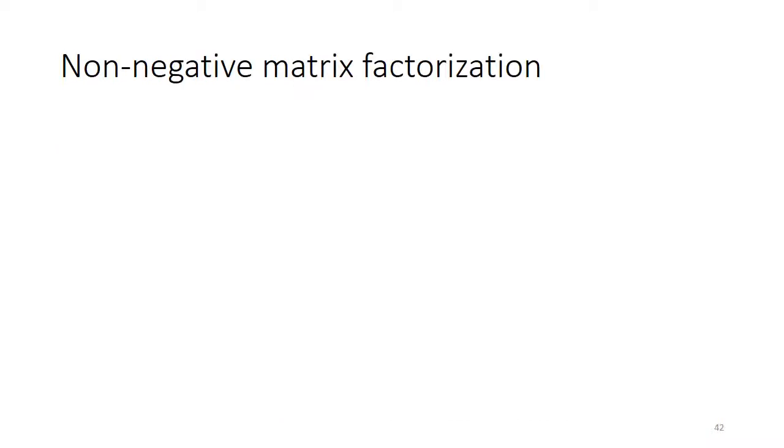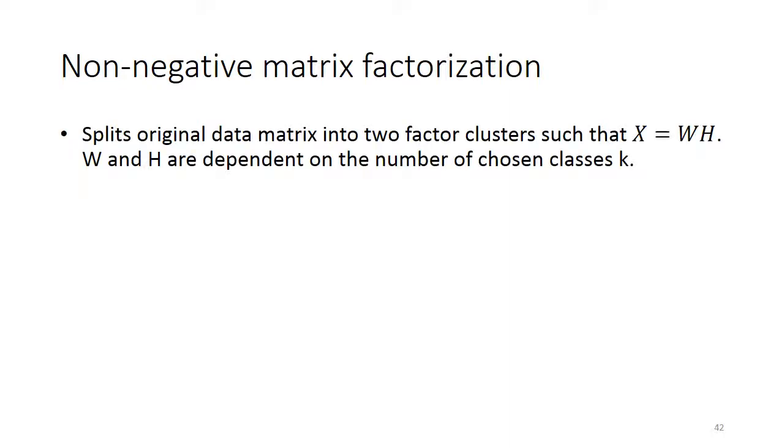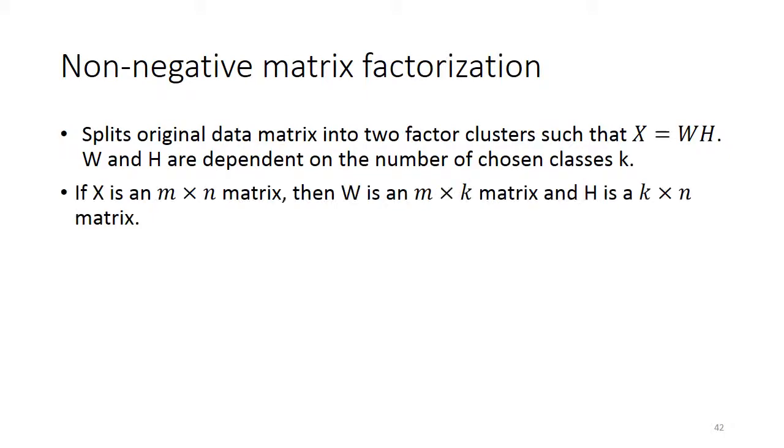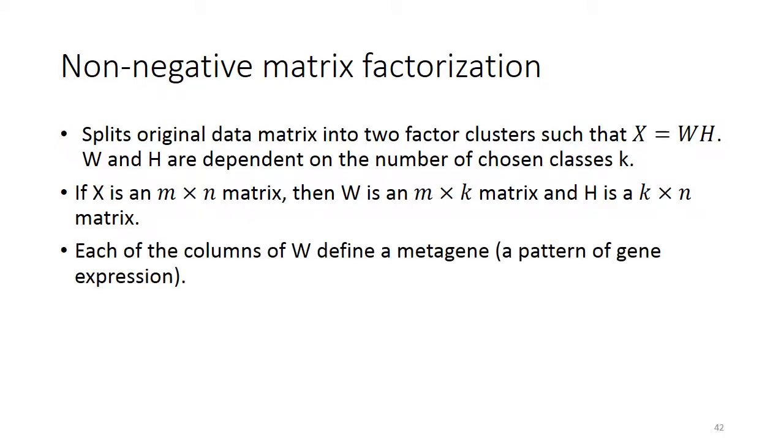So lastly, we have non-negative matrix factorization, and this just splits the original data matrix into two factor matrices such that when they're multiplied together they get back a matrix of the same dimensions. And W and H, our factor matrices, are dependent on a pre-chosen number of classes, K. Just to recall, if X is an m by n matrix, then when we factorize, W is an m by k matrix where k is the classes, and H is a k by n matrix, so that when we multiply them together we get back an m by n matrix.